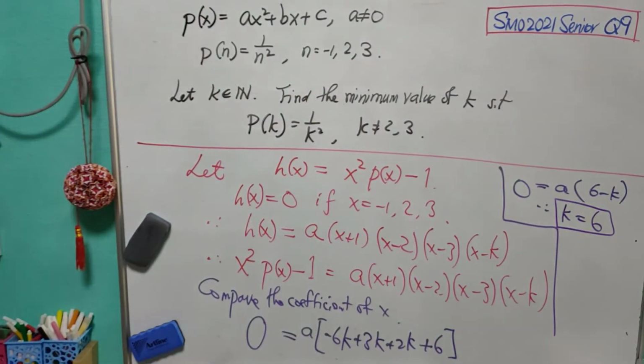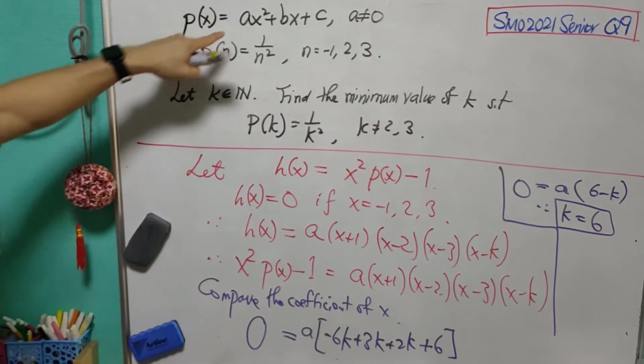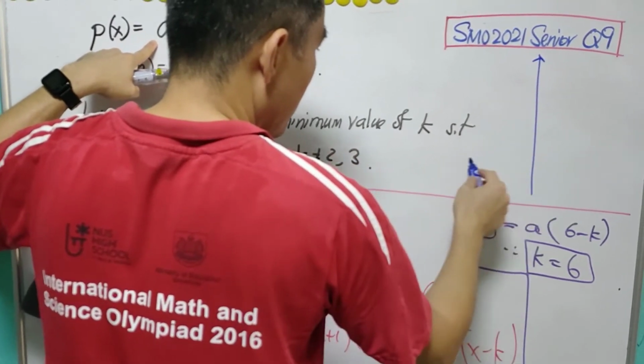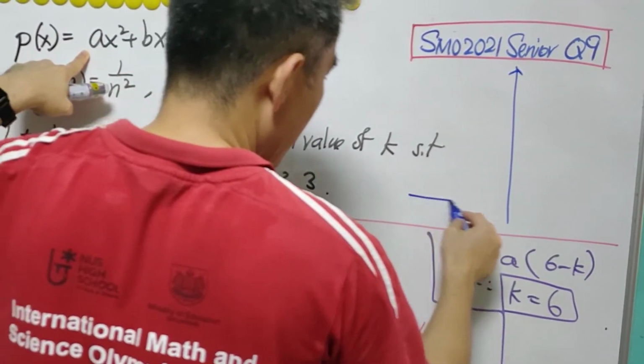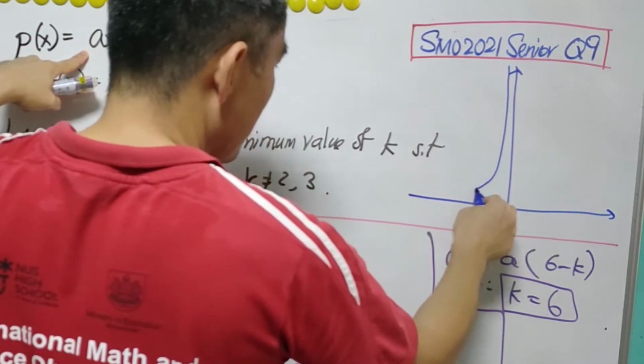Right. Now we look at this question again, and we find that this is interesting because the graph of y equals 1 over x squared will be as such.